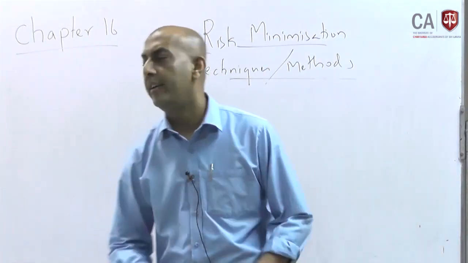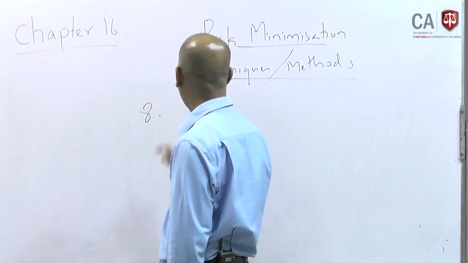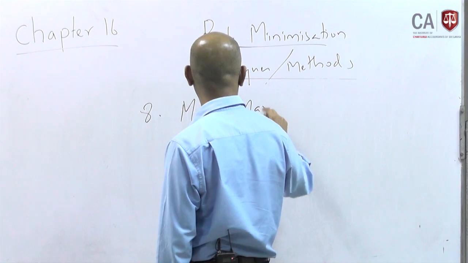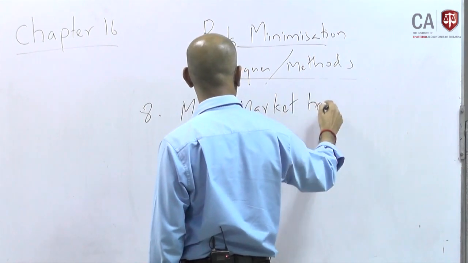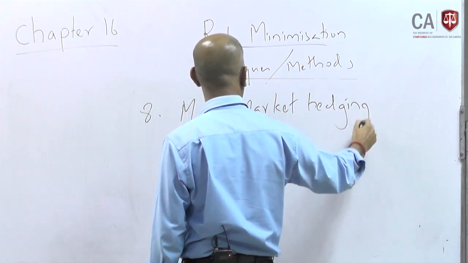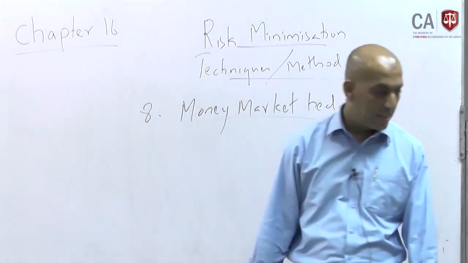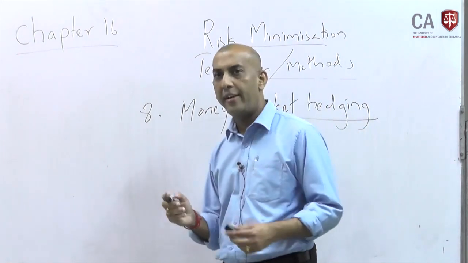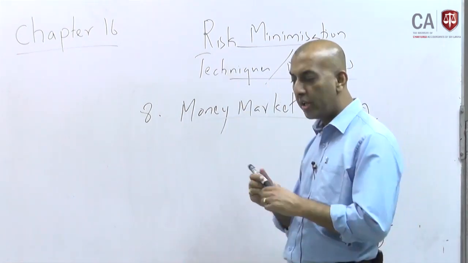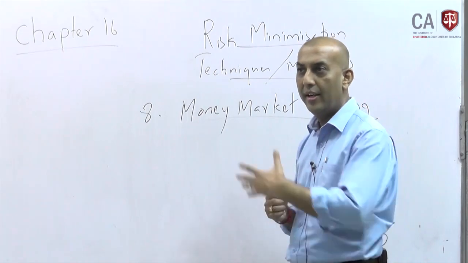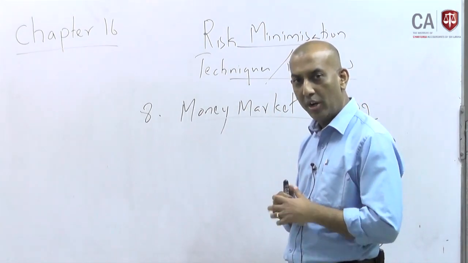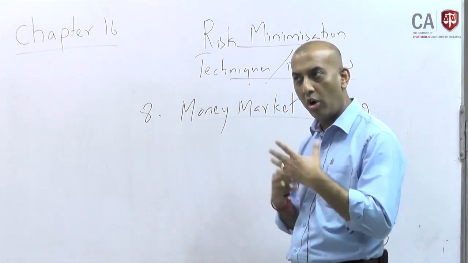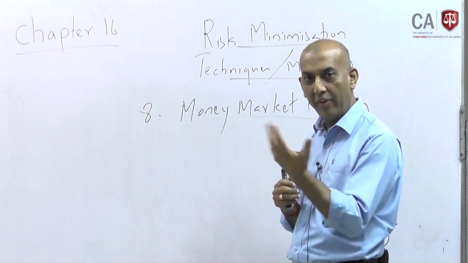Then the eighth technique, money market hedging. So what is money market hedging? You may know that capital markets are a long-term financing environment. Money markets are where short-term instruments are traded.